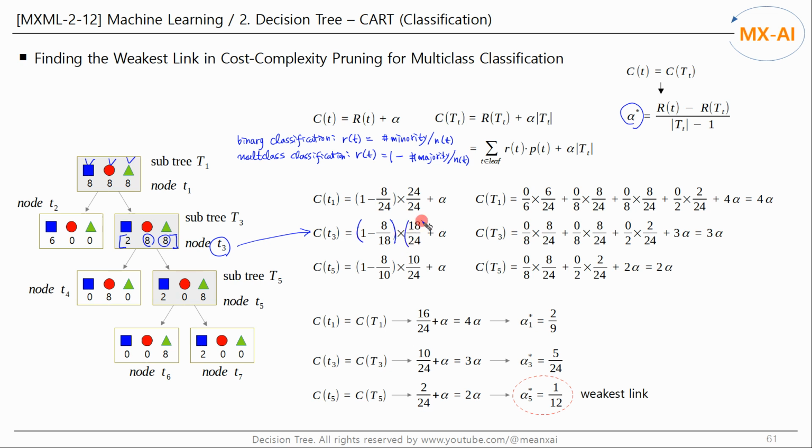Since this node accounts for 18 out of the total 24 data points, we multiply by a weight of 18/24. Finally, by adding the penalty term alpha, we obtain the cost complexity value for node T3. Repeating this process for all internal nodes gives us their respective alpha star values. Among them, node T5 has the smallest alpha star, making it the weakest link. The remaining pruning process is identical to the binary classification case.